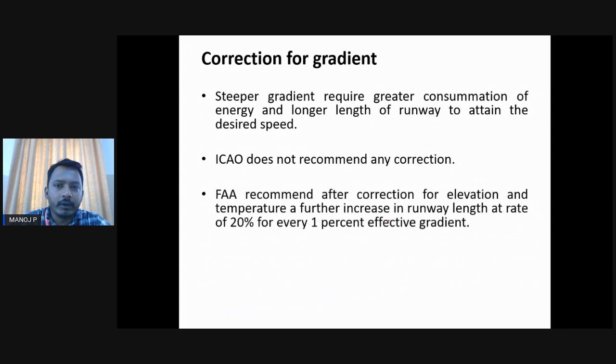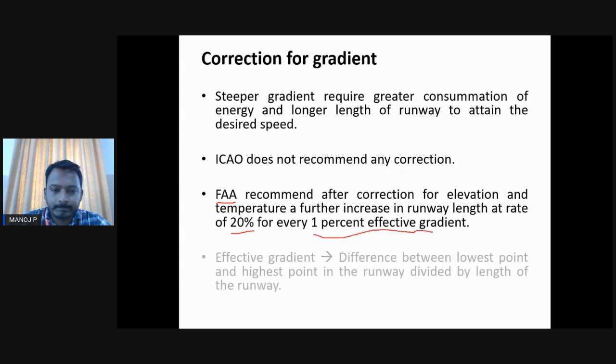After having corrected for both elevation and temperature, we need the correction for gradient. ICAO has not recommended any correction, but the Federal Aviation Authority recommended the correction that it should be 20% for every 1% increase in the effective gradient.